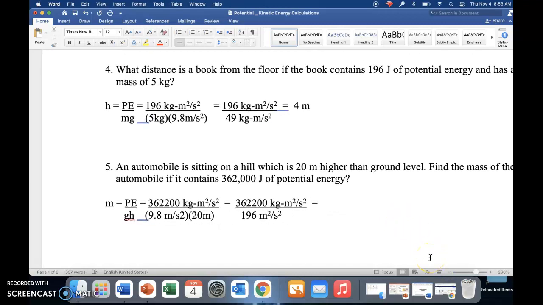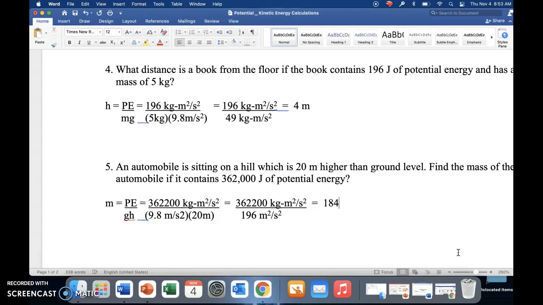So if I take my 362,200 and divide that by 196, I'm going to get 1,847.95.